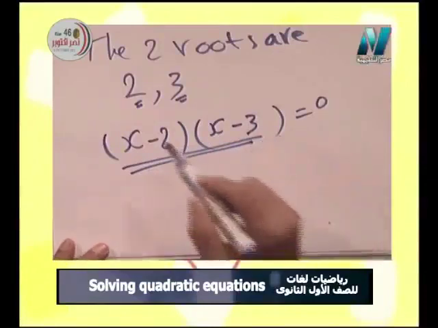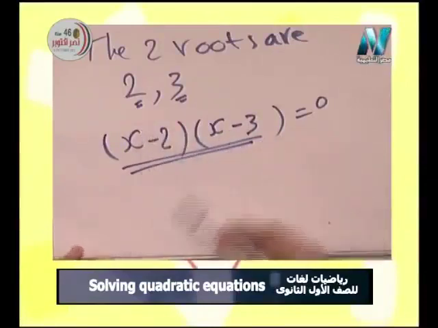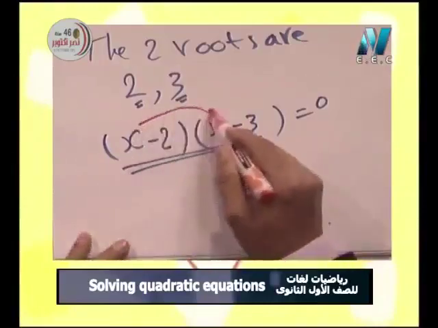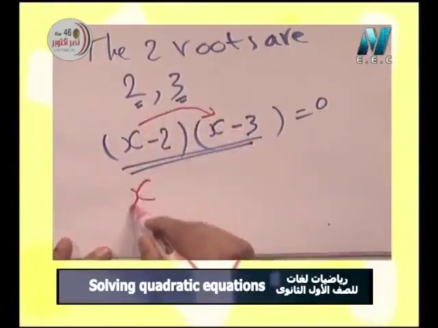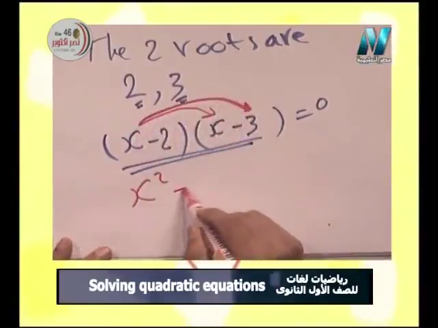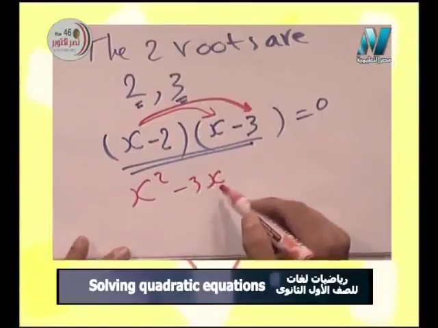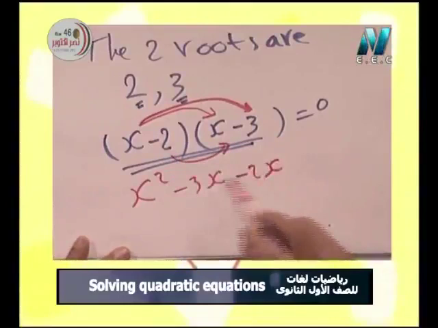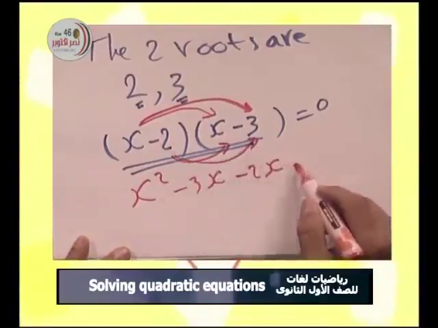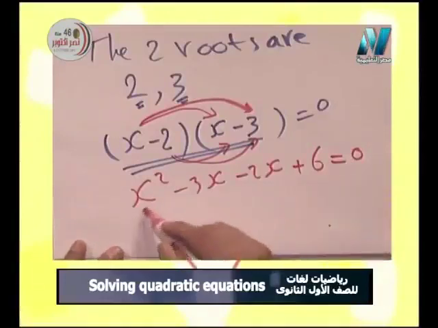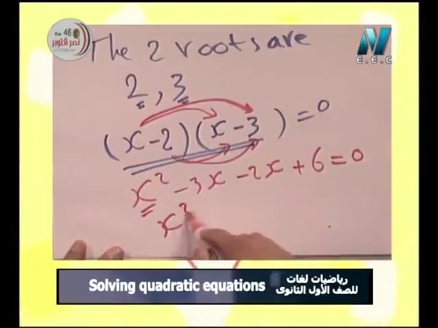How? If you expand these two brackets now, x multiplied by x will be x power 2, and x multiplied by negative 3 will be negative 3x. Negative 2 multiplied by x equals negative 2x. Negative 2 multiplied by negative 3 equals positive 6. The result equals 0. Okay, we have x power 2 here.